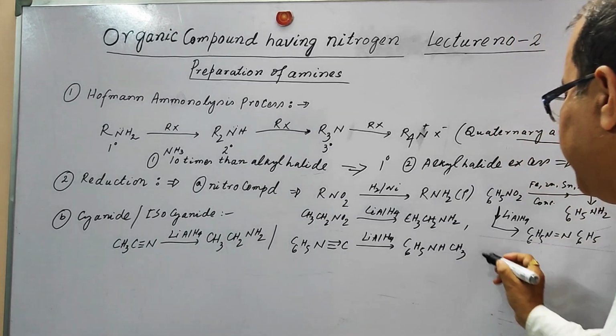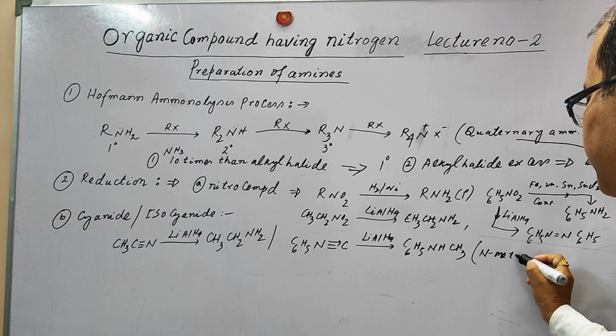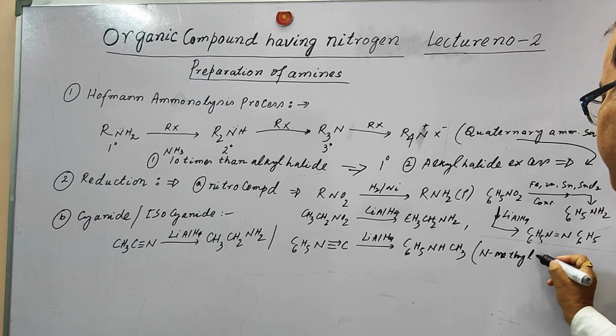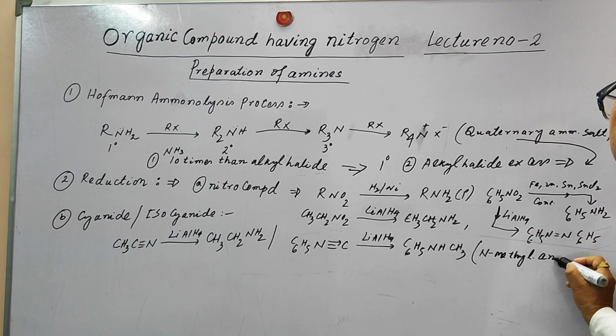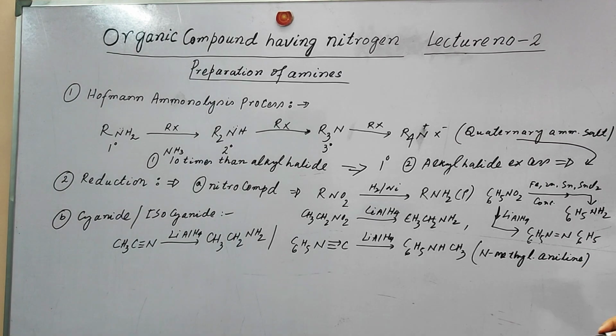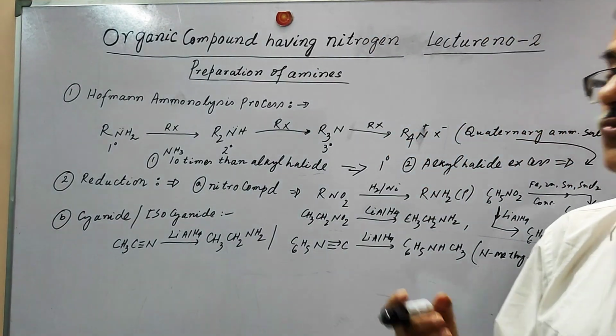The name of this amine is N-methyl aniline. So by using reduction with different reagents, you are able to produce the amines.